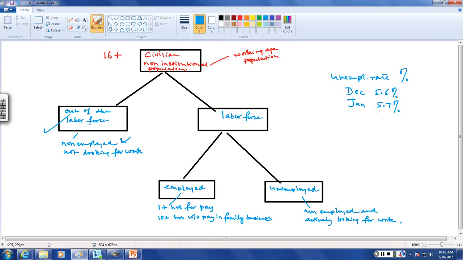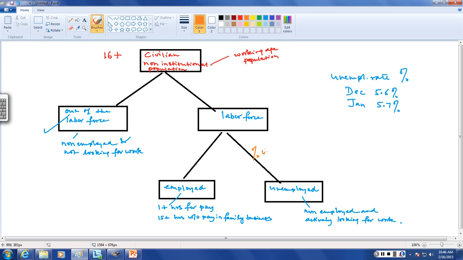So you see these unemployment rates, these monthly figures that the BLS puts out are percentages. So what exactly is this? How are these percentages calculated? Okay. The unemployment rate, quite simply, is this percentage.